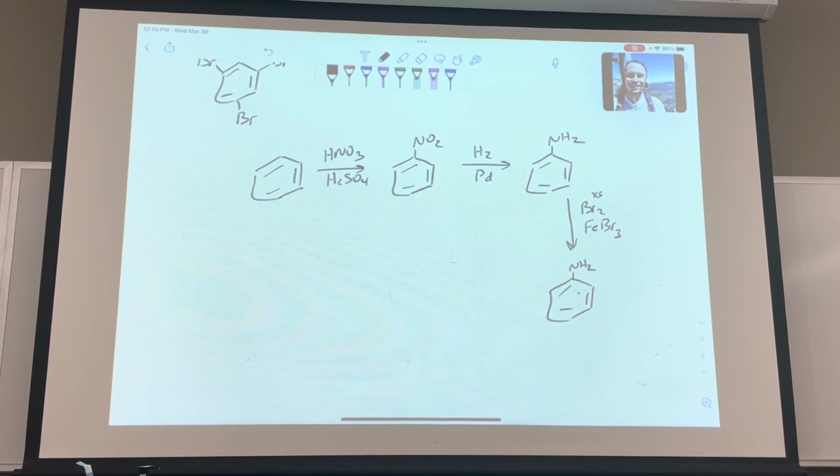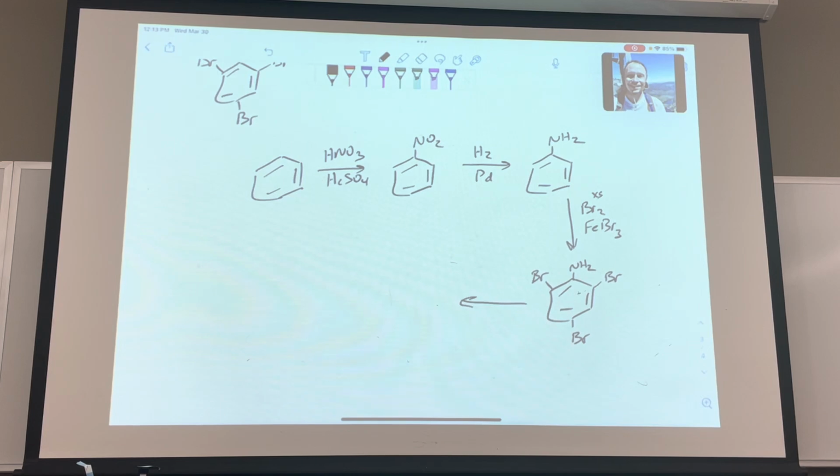Depending on how much bromine you use, if you used a large excess, you could theoretically get bromines in both ortho and para positions. Well, that is starting to look a lot like my product.